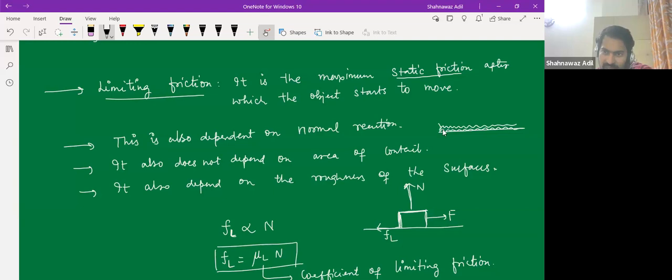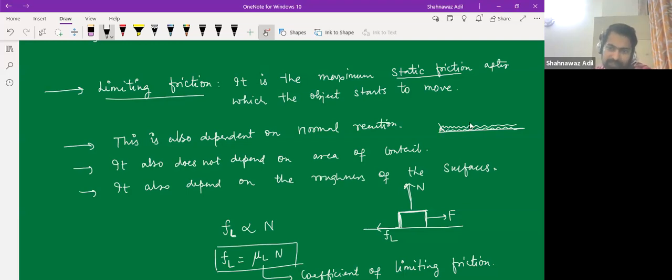So they will interlock each other and then they will apply some frictional force. When they interlock, it means that they are bound, right? So when you try to move this object, you have to break this bond. That is why you experience the friction, because of the intermolecular force of these two surfaces.